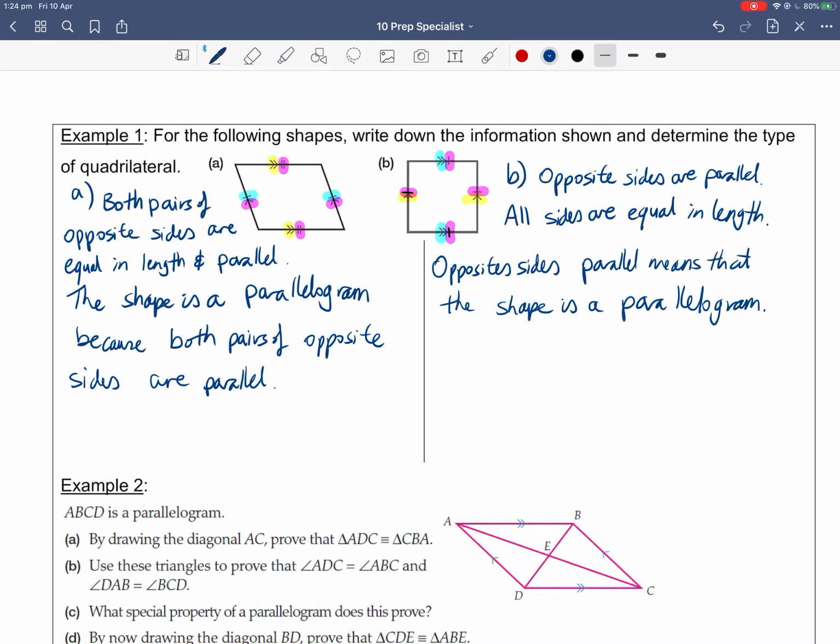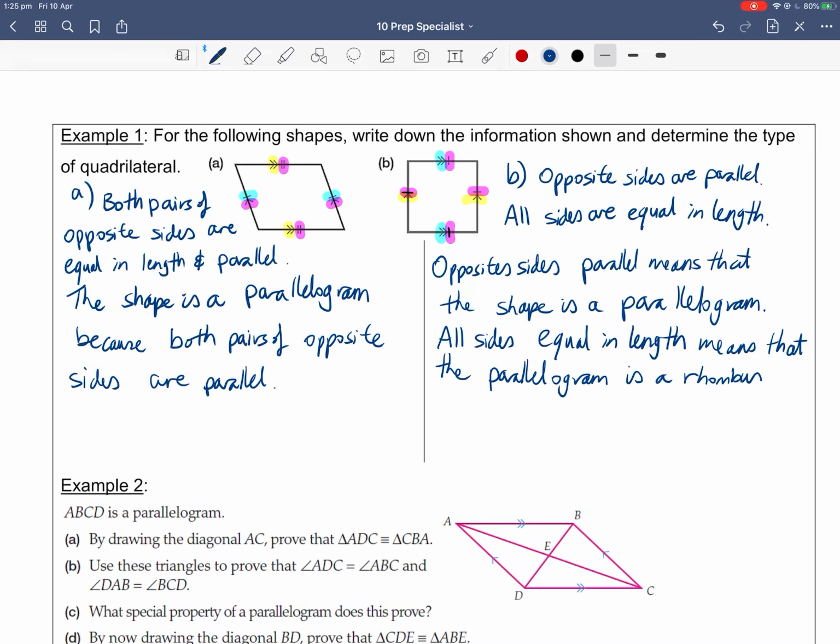In particular, all sides equal in length means that the parallelogram is a rhombus. Because we're lacking information about the corner angles, we're not sure whether it is a square or not. So all we can justify is therefore the shape is a rhombus.